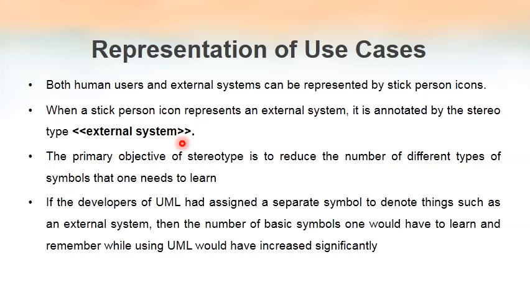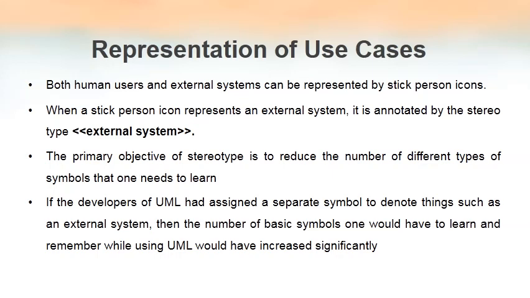Otherwise, think like this: if the actor who is going to communicate with the system is a human being, we use one symbol. If the actor is another system, then we use another symbol.